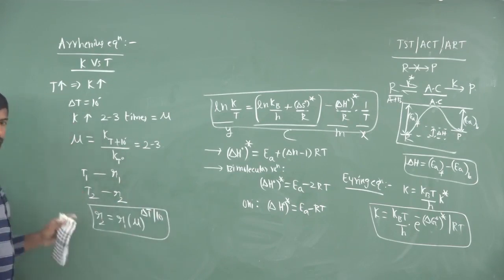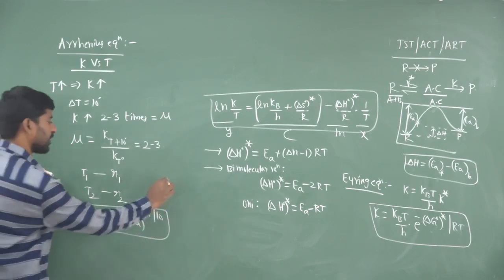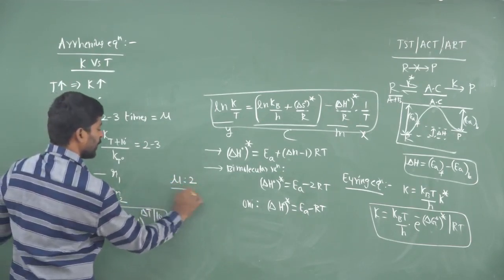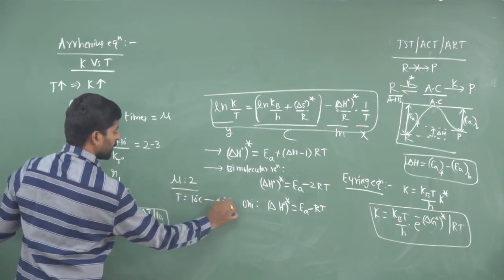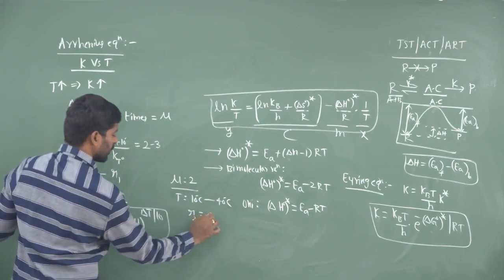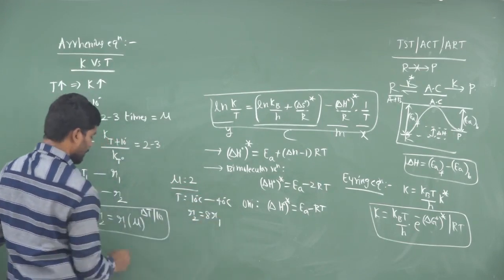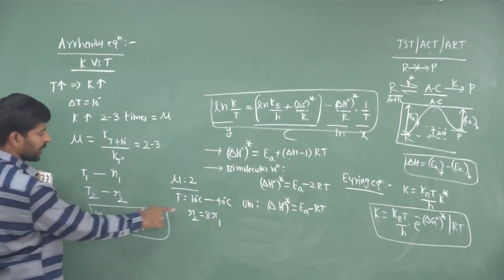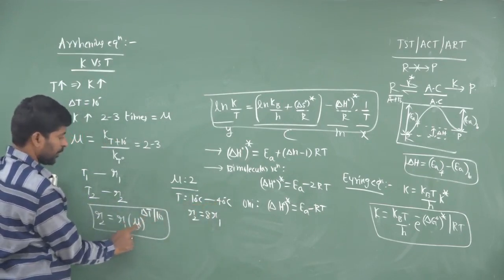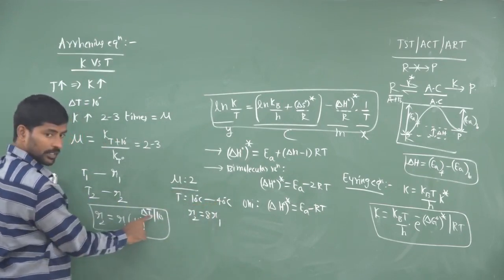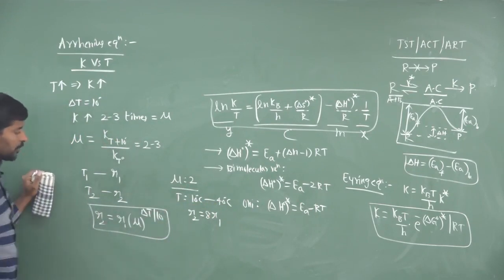For example, for a reaction mu is 2, and we are raising the temperature from 10 to 40 degrees centigrade. Delta T is 40 minus 10, 30, by 10, that is 3. Mu is 2, 2 power 3 is 8. So R2 is equal to 8 R1.